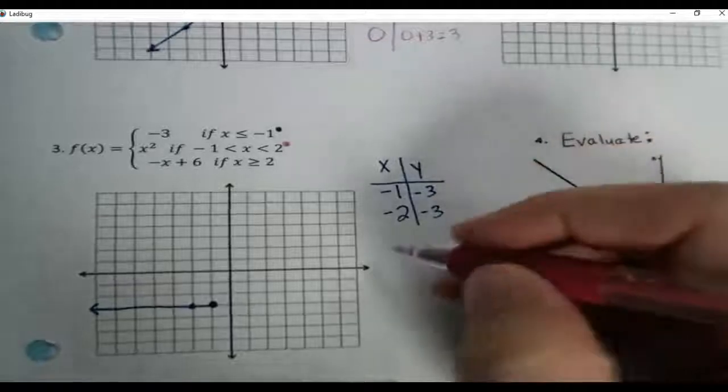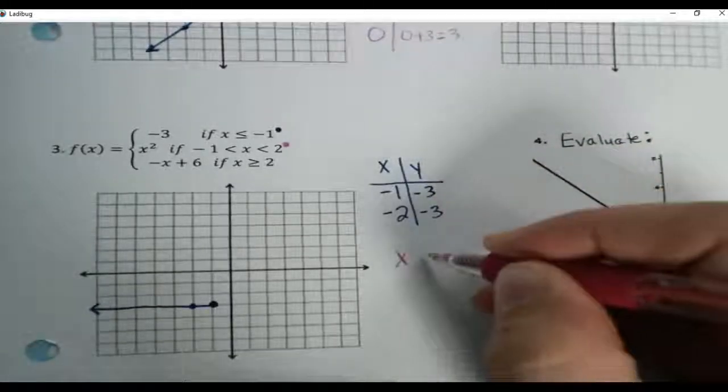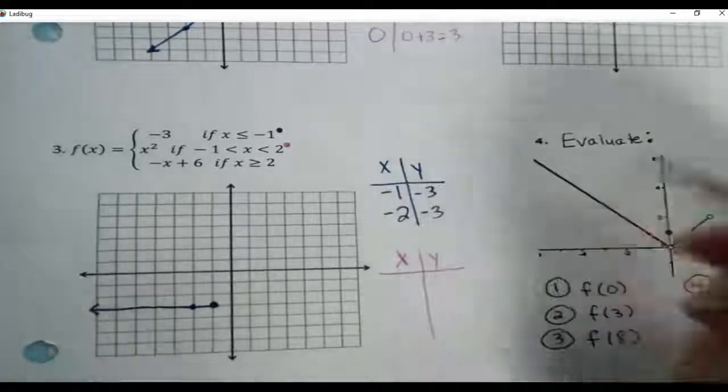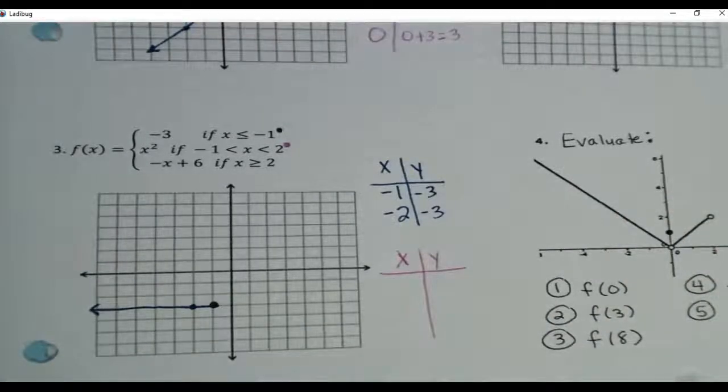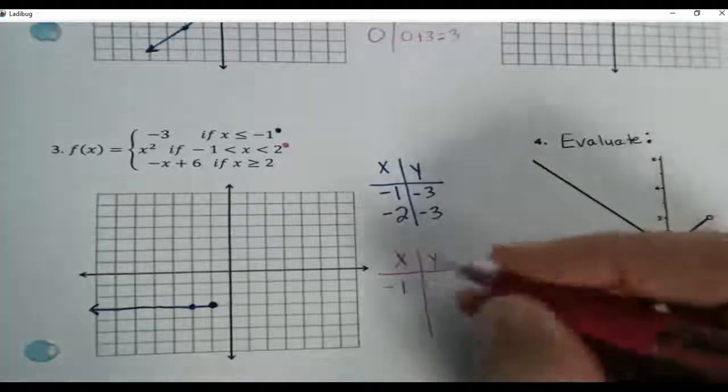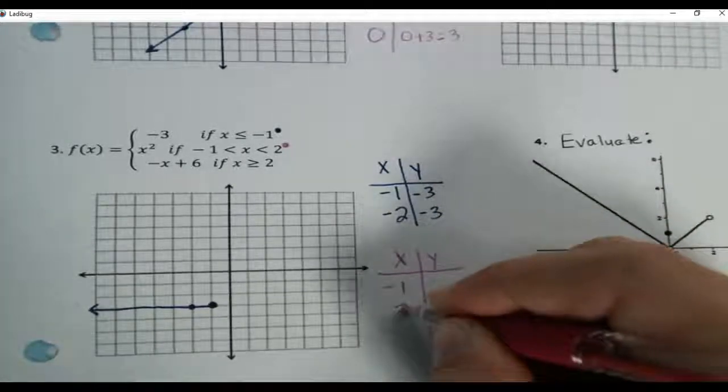You have to have at least 3. So let's look at x and y. So it gave me -1 and it gave me 2.